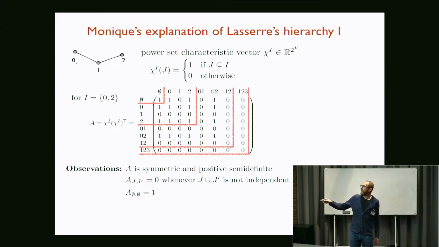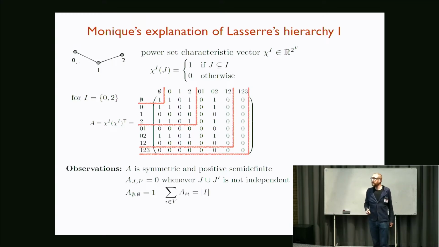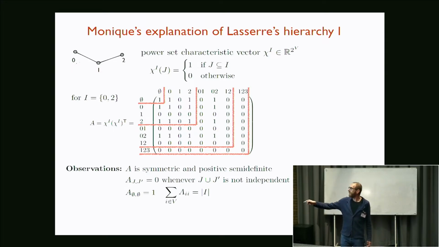The next important thing is that A at the empty set is equal to 1, because the empty set is always contained in any other set. Then if we sum over all vertices, so we just take not the entire power set but just the singletons, then we see that we have the number of elements in the independent set. So in this case, I have to take this one here and this one there, sum it up, and I get 2.